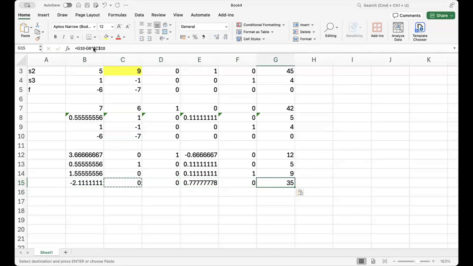Then we obtain our table in the second iteration. Of course, if you don't like Excel, you can use Python. I gave the Python file already in my course view.